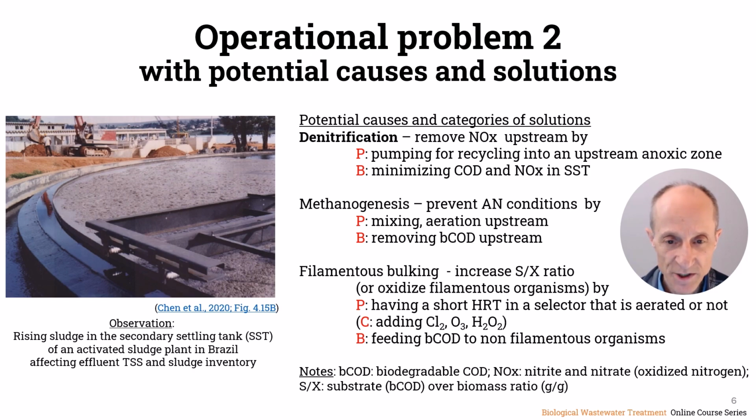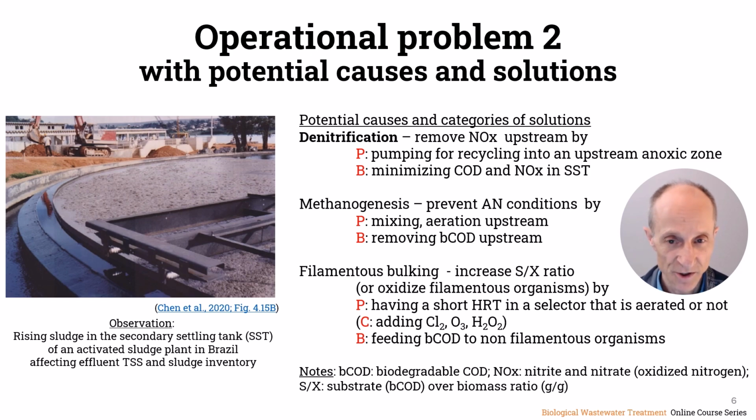A second potential cause would be that methanogenesis is taking place due to anaerobic conditions in the secondary settling tank sludge blanket, producing biogas bubbles. A physical solution would then be to increase mixing and aeration in the upstream bioreactors, which would achieve the biological function of reducing the presence of biodegradable COD in the secondary settling tank sludge blanket.